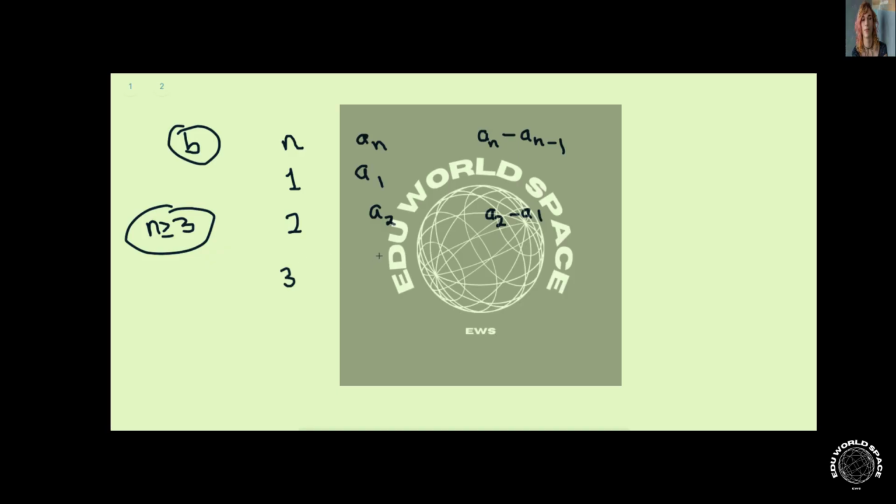So instead of a3, I write a1 plus a2, both over 2. And now I have a3 minus a2. So in this case, I have a1 over 2 minus a2 over 2 after I replace a3 with this, and then subtract off a2.